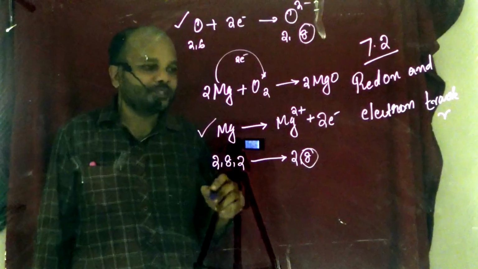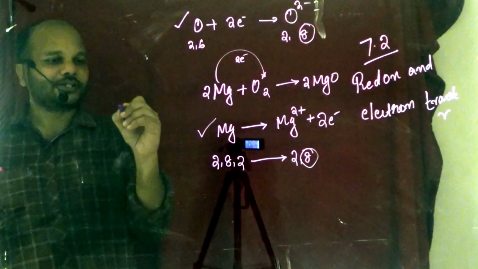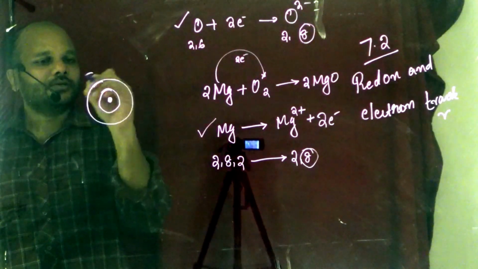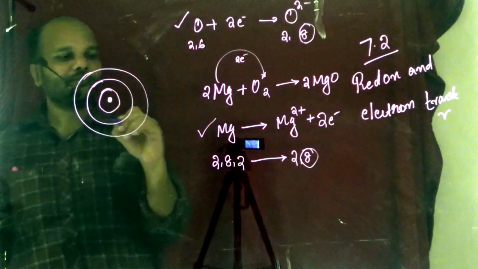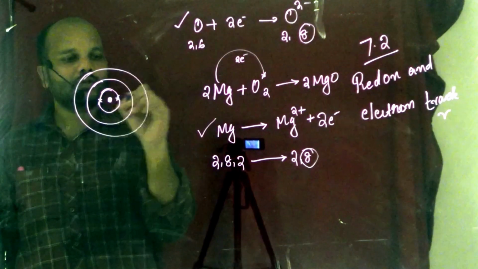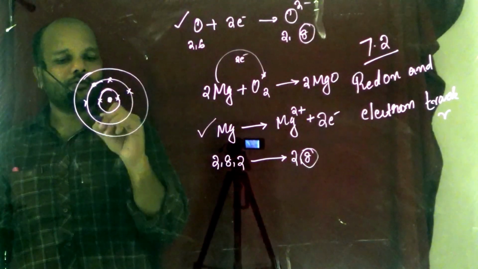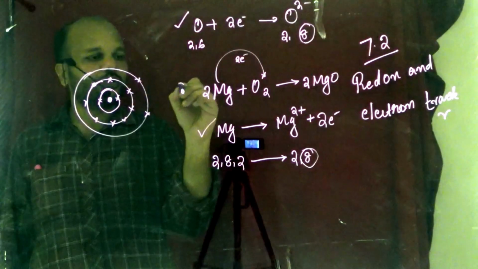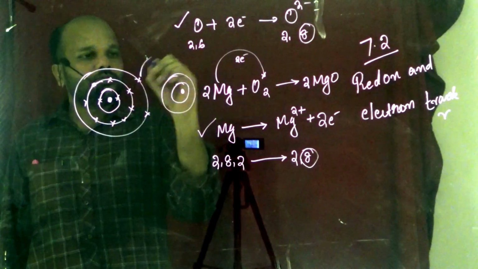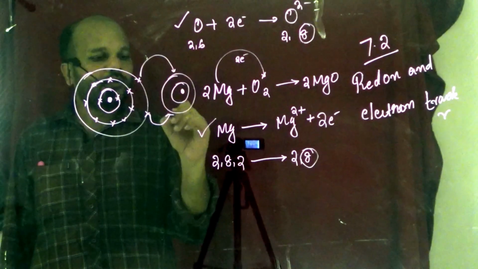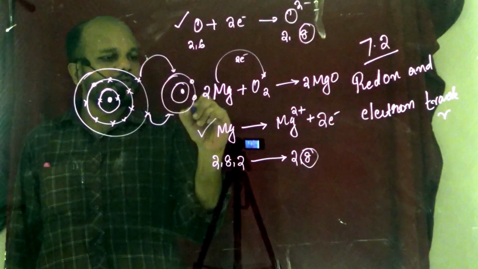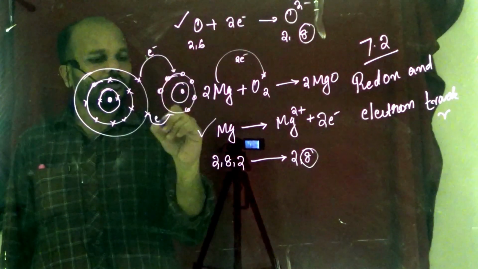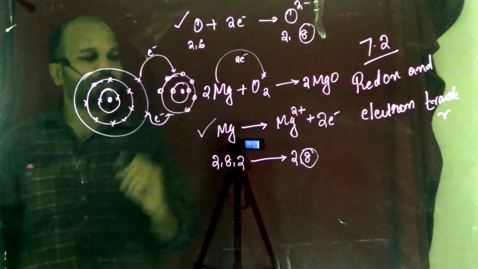If I draw its electronic configuration in a shell manner, I can write it this way. This is magnesium, because it has 3 shells, and this is oxygen, with 1, 2, 3, 4, 5, 6 electrons. These 2 electrons of magnesium will go to oxygen, to the L shell.